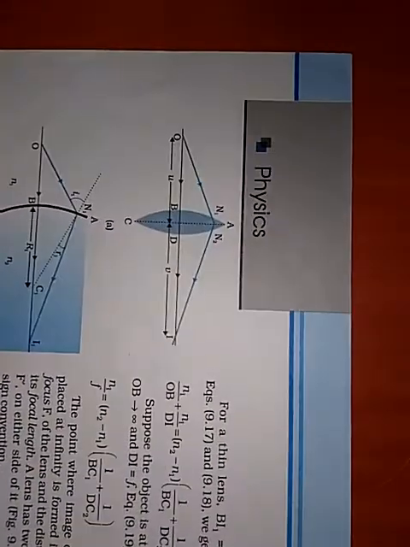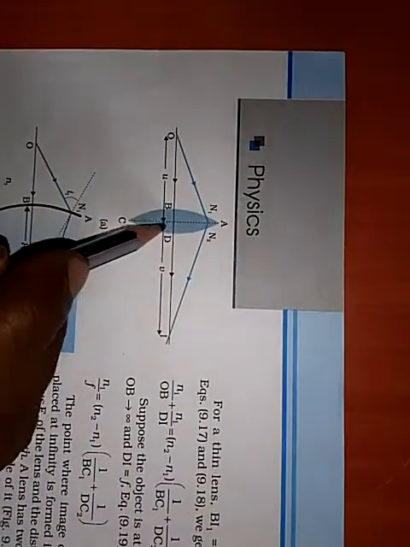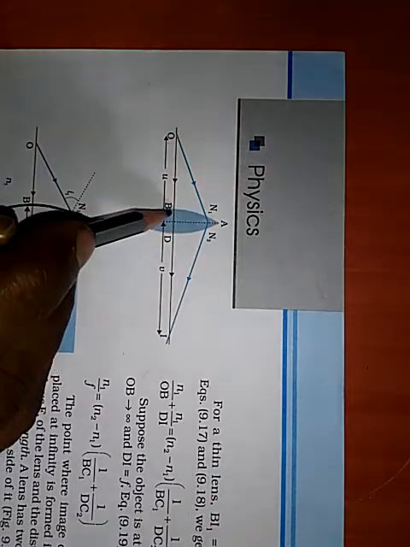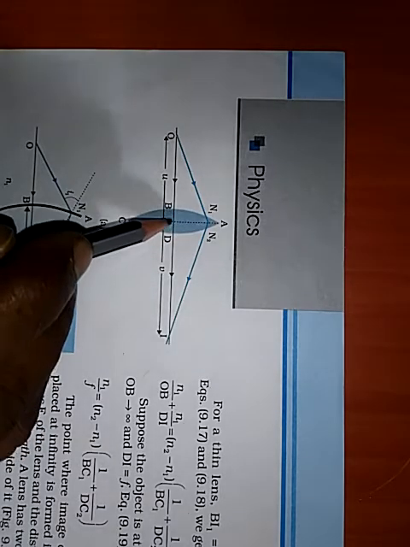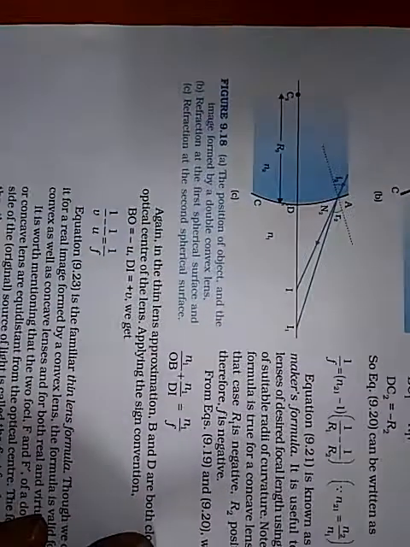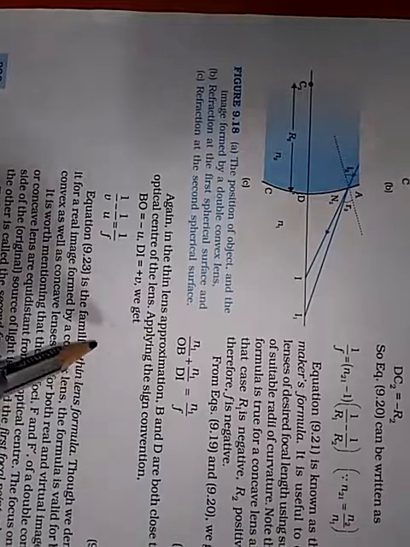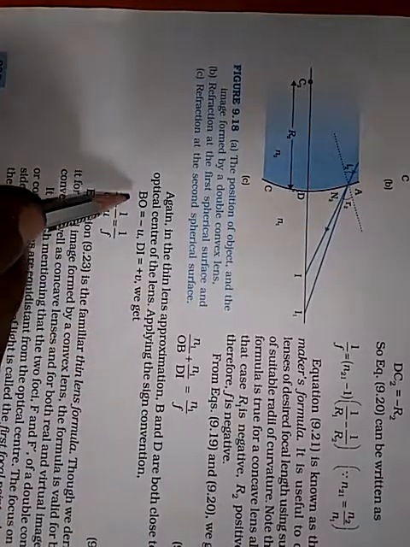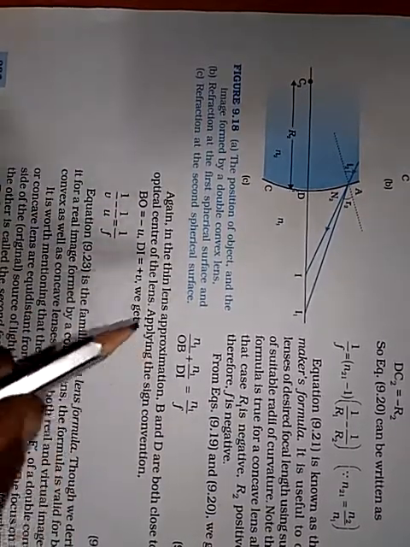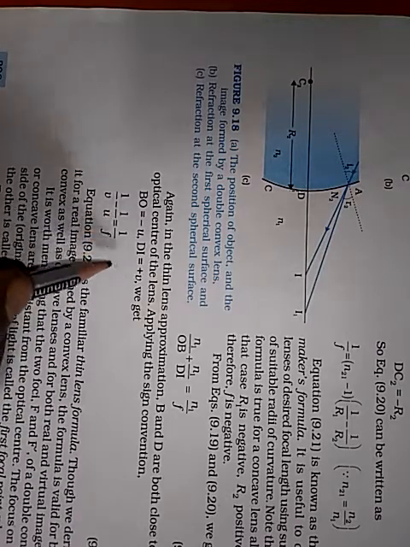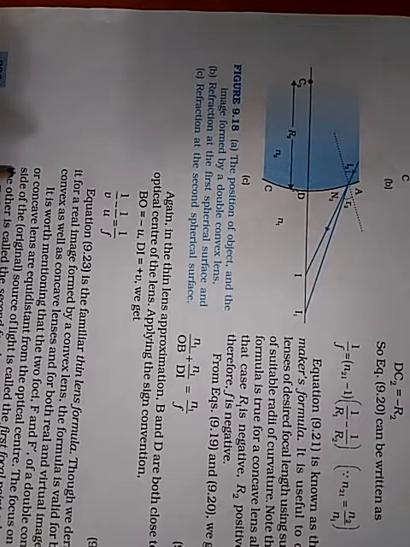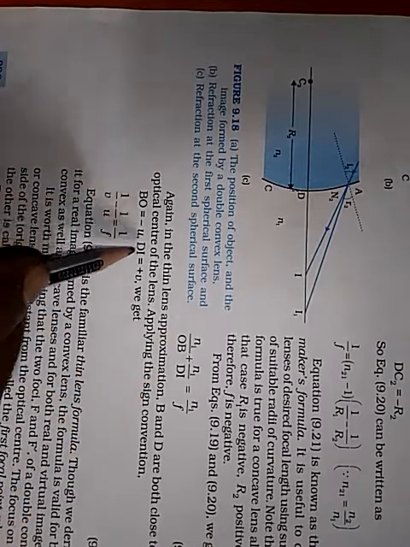As far as this diagram is concerned, B and D are separated, but if it is a very thin lens, B and D can be assumed to be the same single point. Now we will apply the sign convention. So BO is minus U and DI is plus V.